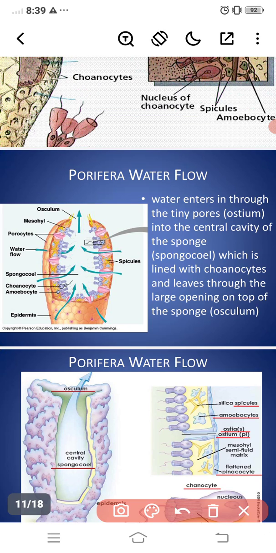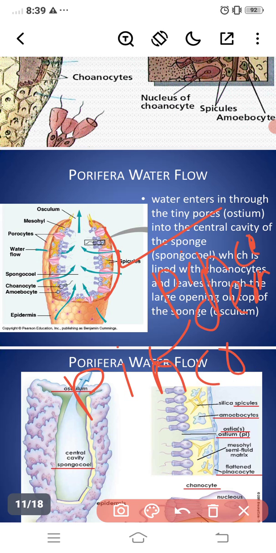Basically, the sponge's body has two layers. The outer layer is called the pinacoderm. This pinacoderm is basically made of pinacocytes, and the pinacocytes form the outer layer of the body.